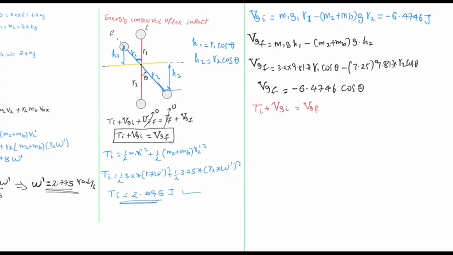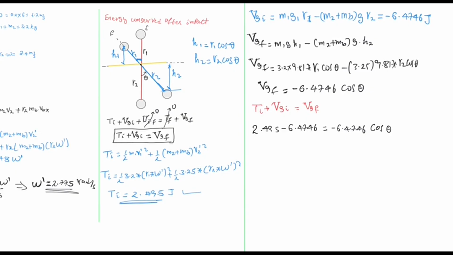We know that Ti is given here, Vgi is evaluated here, and Vgf is evaluated here. So substitute all these values, then we'll get 2.495 minus 6.4746 equal to negative 6.4746 times cos theta. So the only unknown parameter here is cos theta.